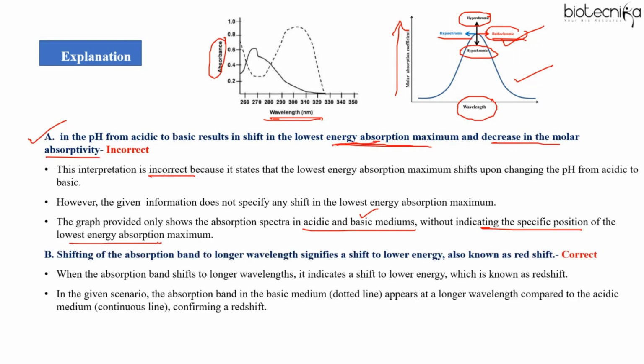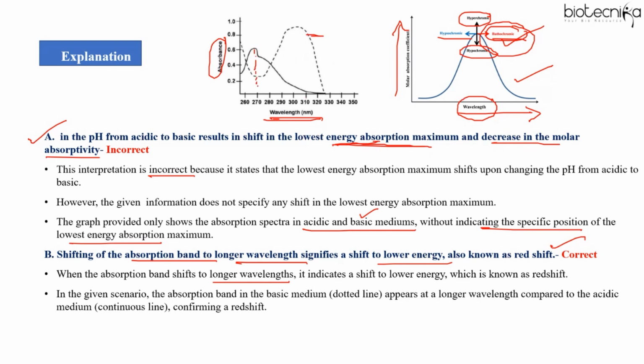Coming to statement B, shifting of absorption band to longer wavelength signifies shift to lower energy. So this statement is correct. When the absorption bands shift to longer wavelength, as in this diagram, we call it red shift or bathochromic shift, right? Any term can be given to you in the question. The absorption band shown with the dotted line appears at a longer wavelength.